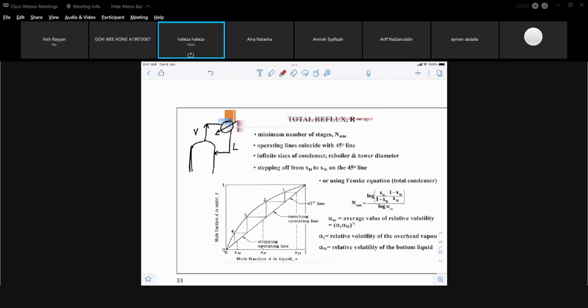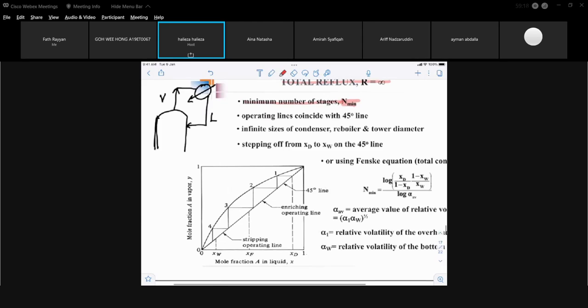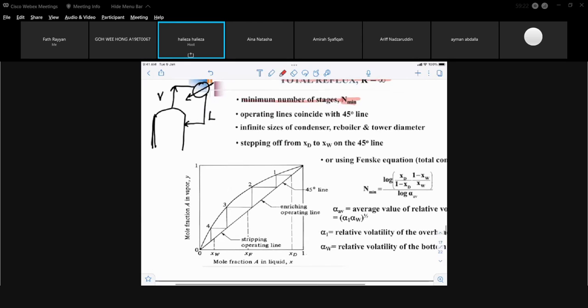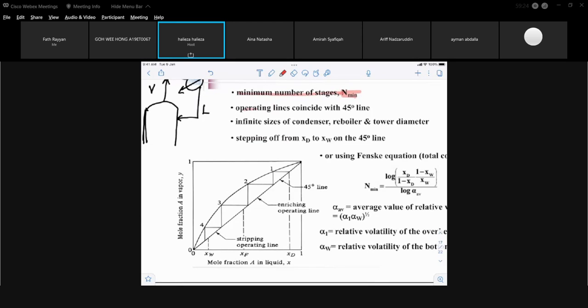When it is a total reflux, you will have your minimum number of stages. The minimum number of stages occurs when the reflux ratio is equal to infinity, total reflux. That happens when your operating lines coincide with the 45-degree line. That means you don't have any more operating lines. You don't have Q lines, you don't have stripping line, you don't have enriching line. You just have the 45-degree line. So how to draw the stages?